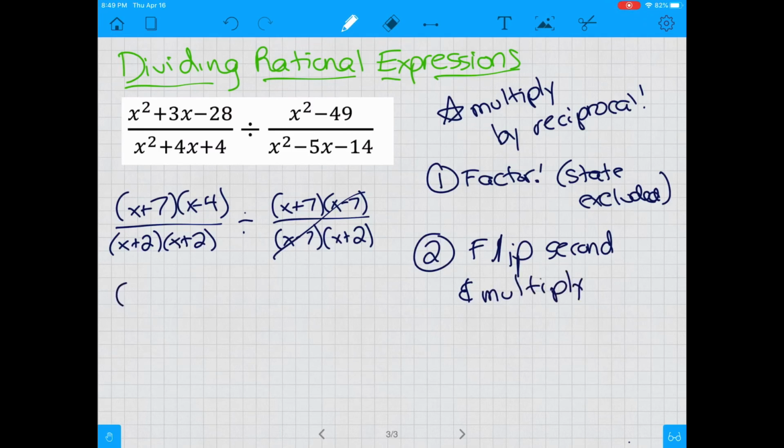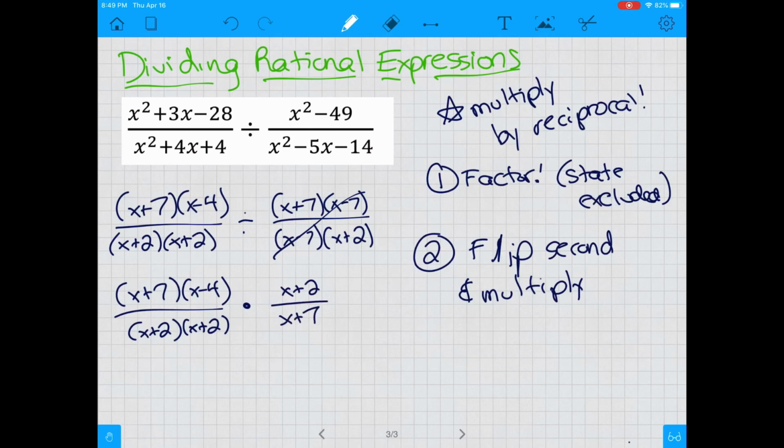All right, so my first fraction stays the same. My second fraction now, I'm going to flip it, so the x plus 2 comes to the numerator, the x plus 7 goes to the denominator, and my sign here changes from division to multiplication.